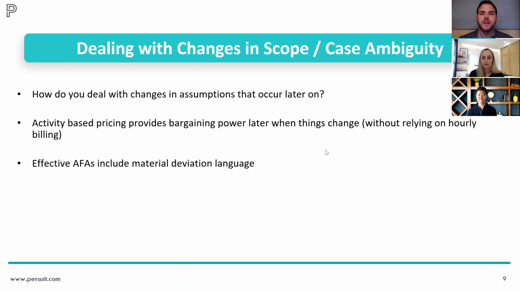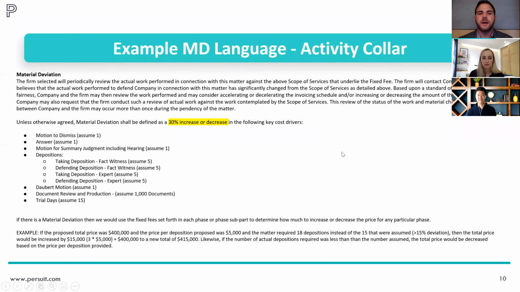Thanks, Jared. All right, so we want to give an example of some language that you can put into your RFP, or even if you're engaging with one firm and negotiating an AFA, you can use this language. One thing I want to point out too: you can use this even if you're doing capped fees.